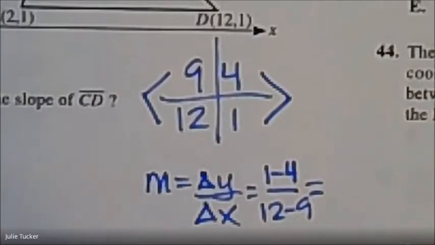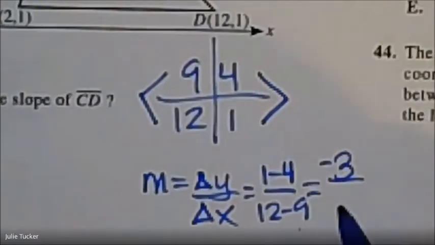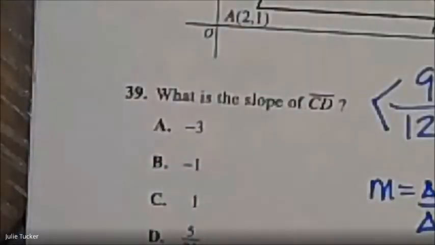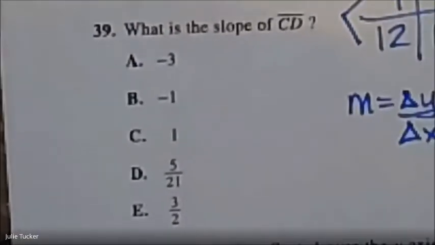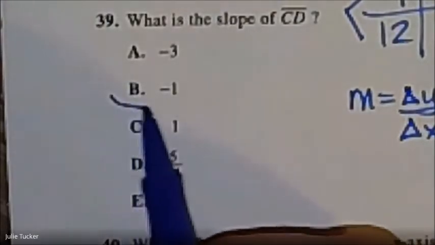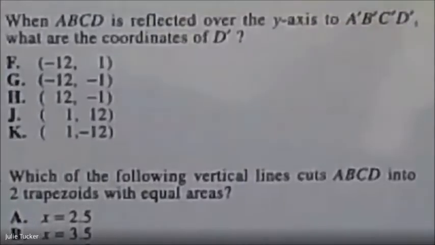What's 1 minus 4? Negative 3. Good. And then 12 minus 9 is positive 3. So what's the slope? Negative 3 over positive 3, which is negative 1. Yep. Next question.